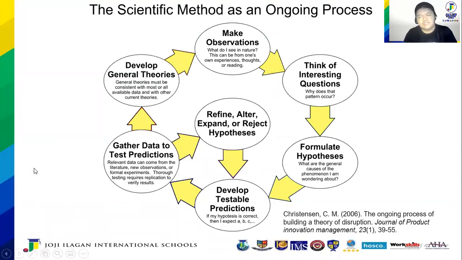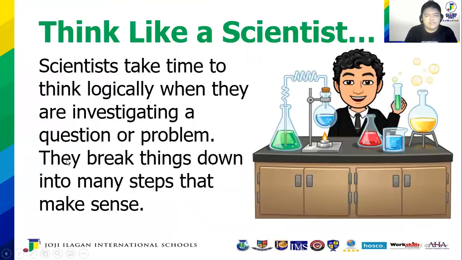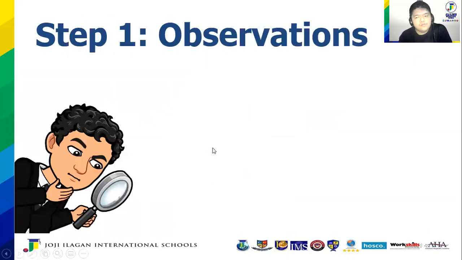As I mentioned earlier, it's all about thinking like a scientist, to think logically and investigate a problem or a question about a natural phenomenon or a natural occurrence. These things break down into many steps that make sense. So what are those steps?